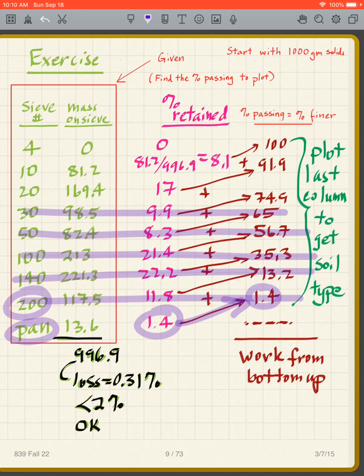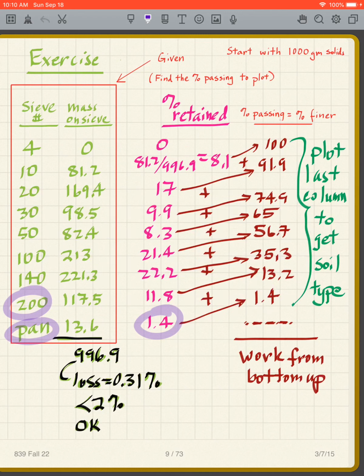They work across like that, and that means that I can see that 1.4% has gone through the number 200.